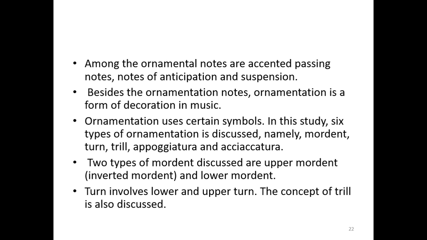And also we have certain symbols, and here we studied 6 types of ornamentation symbols. This is namely the mordant, then the lower mordant and the upper mordant. Then we talked of the turn, the trill, Appoggiatura, and the Auxiliary. And we discussed how the upper mordant and the lower mordant are written.